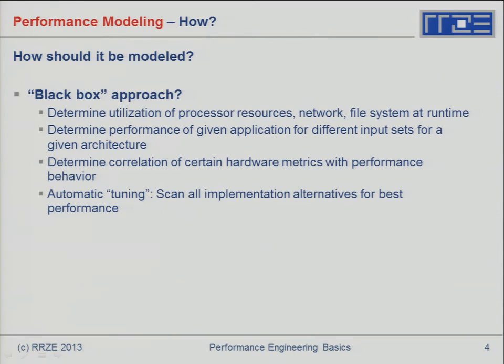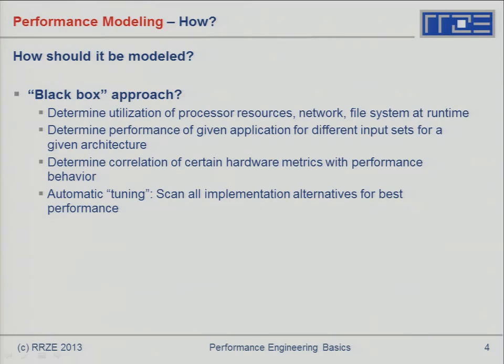We determine the performance of an application using different input sets, probably different hardware also. We determine the correlation of certain hardware metrics with performance behavior. So I could identify, okay, this metric, for example TLB misses, is not important for my performance, but L3 cache misses are important for my performance. This is something that drops out of the process. It's not something you put in.